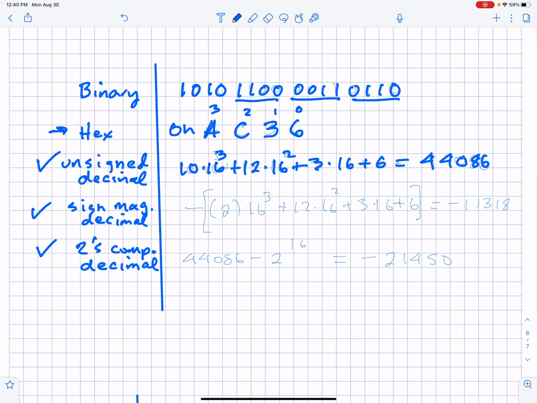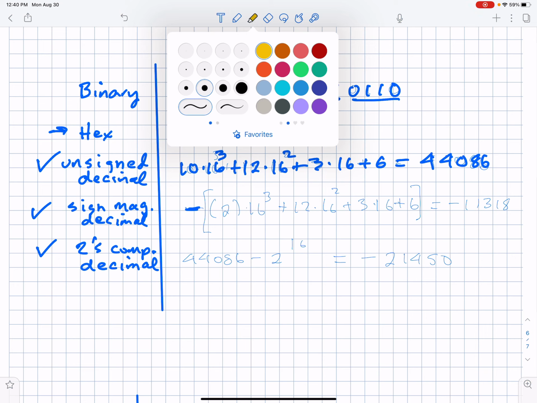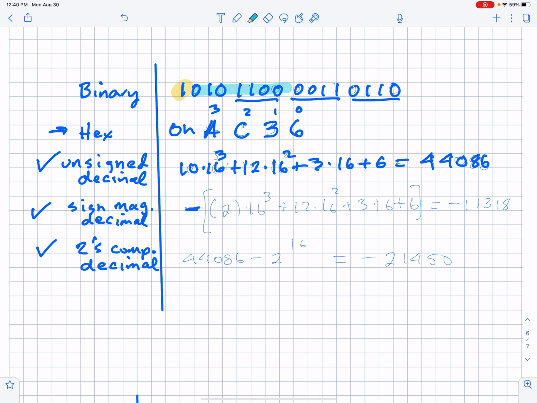All right, so next I'm asking about sign magnitude. Okay, so for sign magnitude, I check the sign bit. All right, so the sign bit is the most significant bit. It is a 1. Okay, so we know that means we have a negative number. And then we take the rest of the binary values and make that our magnitude. So we take these 3 digits. We don't include this 1 because it's the sign bit. These 3 digits, that's a binary 2.